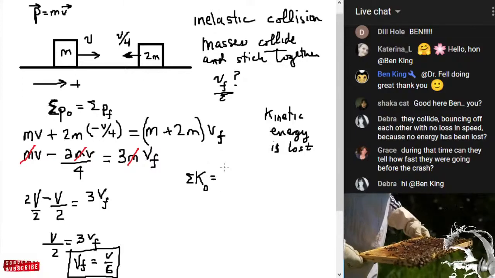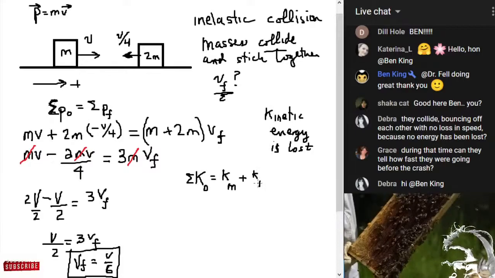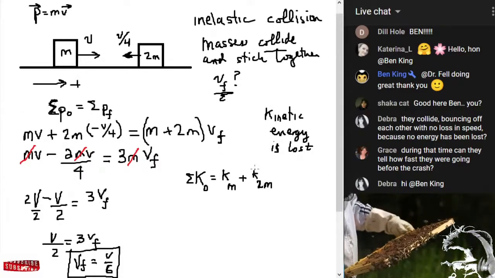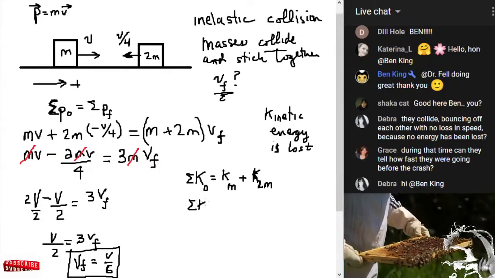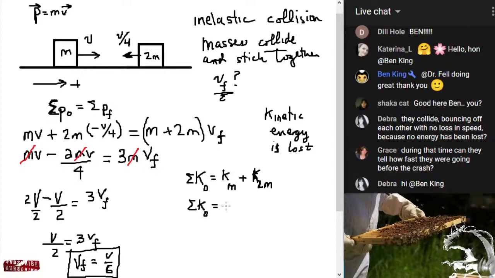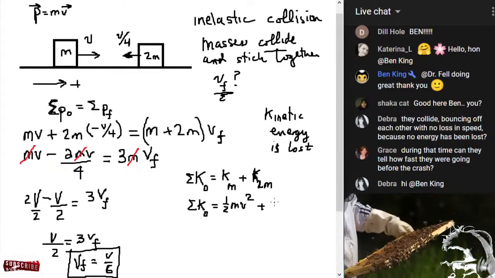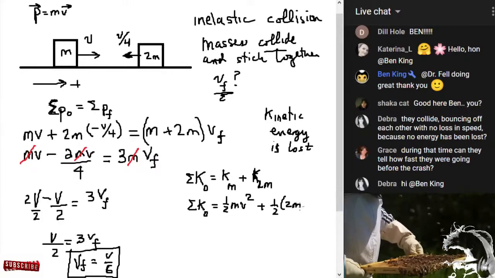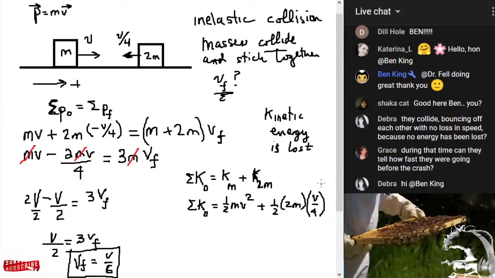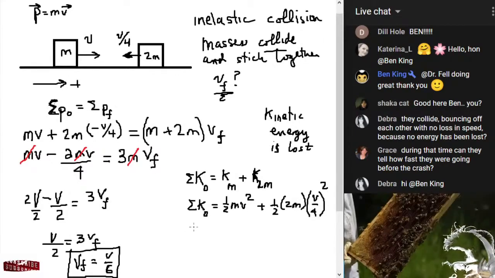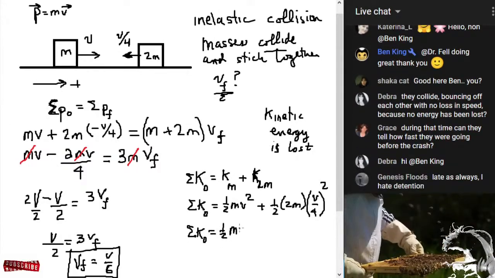Kinetic energy initial is the kinetic energy of mass m plus the kinetic energy of mass 2m. So kinetic energy here is equal to 1/2 mv squared plus 1/2 of 2m times v over 4, the whole thing squared. So sum of kinetic initial is 1/2 mv squared.